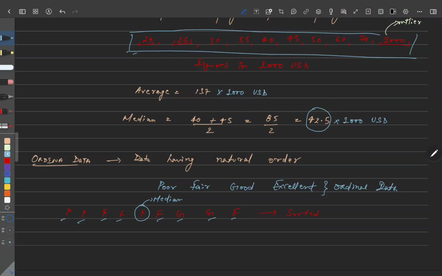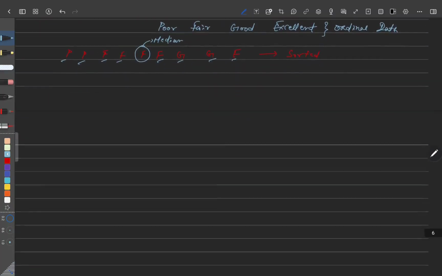So you can say that fair rating wins in terms of frequency. The fair rating occurs the maximum number of times. So when to use median in place of average?